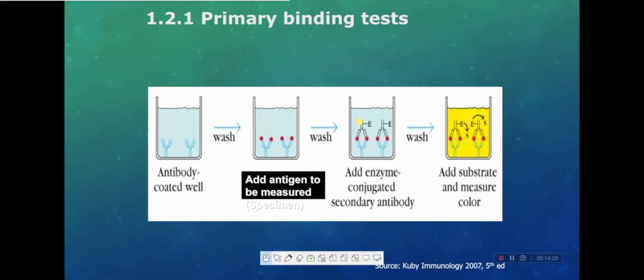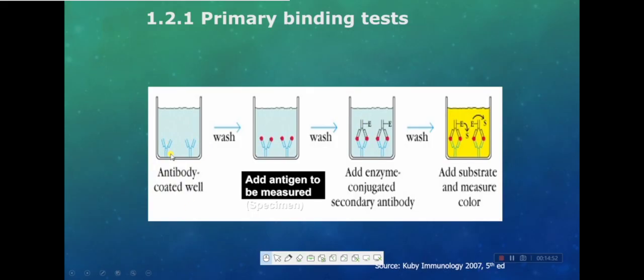It also consists of a substrate which is added after the antigen antibody reaction. We can say that the substrate is the food of the enzyme. This substrate is acted on by the enzyme attached to the antigen antibody complex, which gives a change in the color. Then, the intensity of the color gives an indication of the amount of bound antigen or antibody.